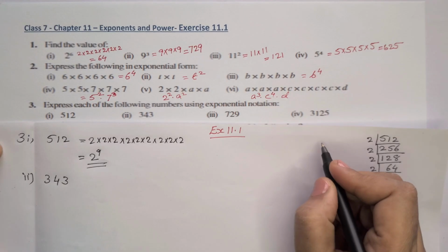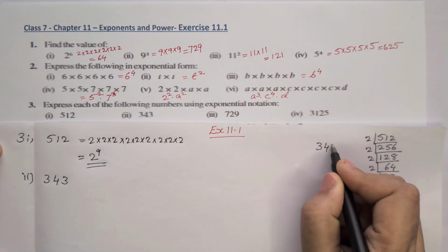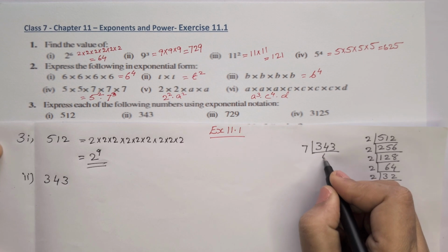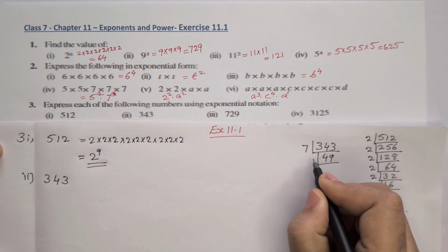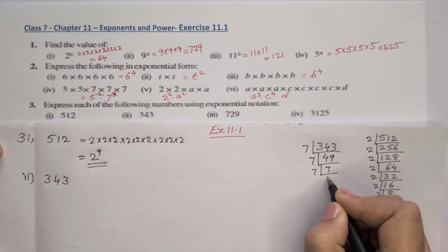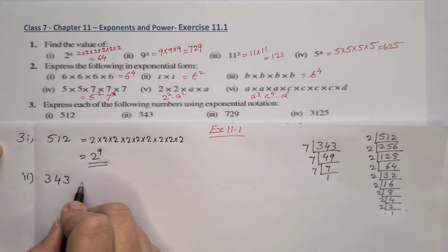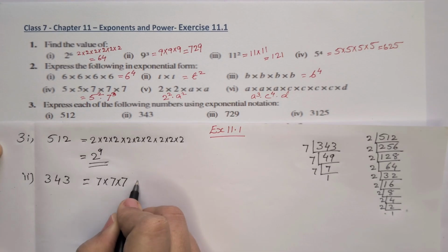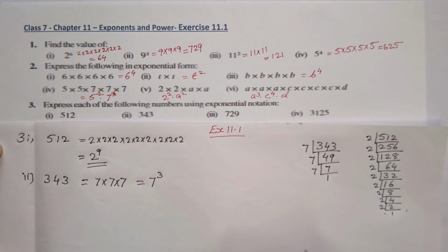That also we can do by prime factorization. Divide by 7, here 49. Again when we divide by 7, seven sevens are 49. So 7 three times. We can write this as 7 into 7 into 7, which is equal to 7 cube.